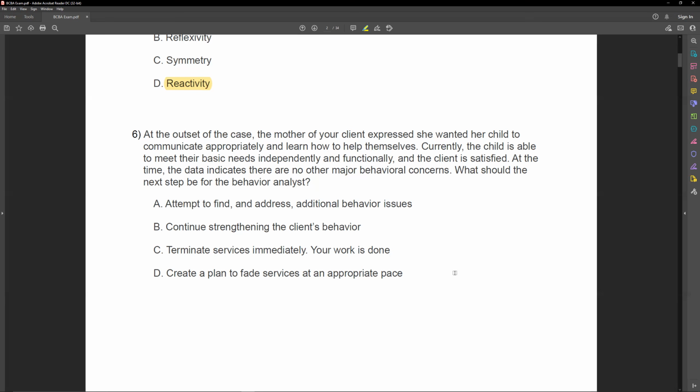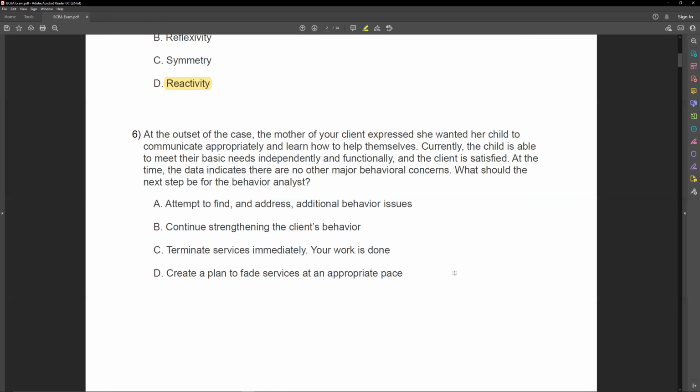B, continue strengthening the client's behavior. Well, the client is satisfied, okay? The data indicates everything is fine, right? Staying there just to continue with this behavior, okay? One, doesn't help with maintenance, doesn't help with generalization, and two, seems to be needless, okay?